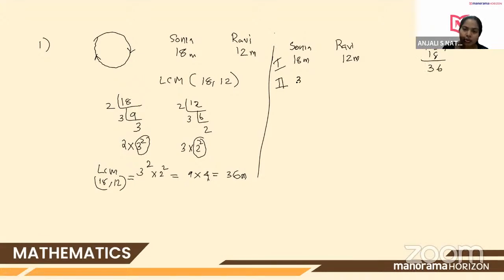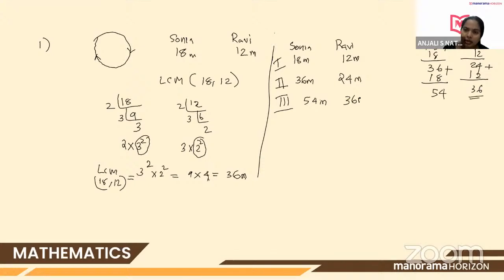Ravi takes 12 plus 12, 24 minutes for 2 rounds. Considering 3 rounds, add 18 minutes to this 36 for Sonia and get 54 minutes. For Ravi, add 12 minutes to this 24, get 36.